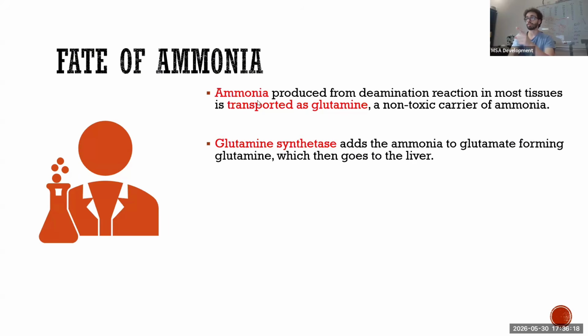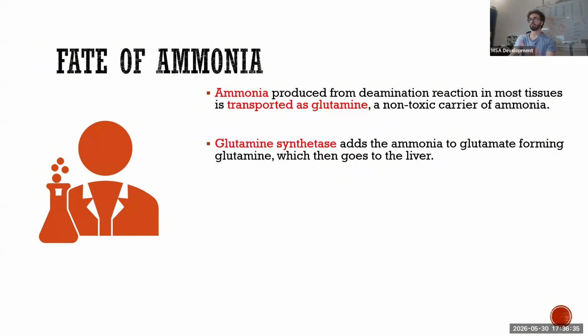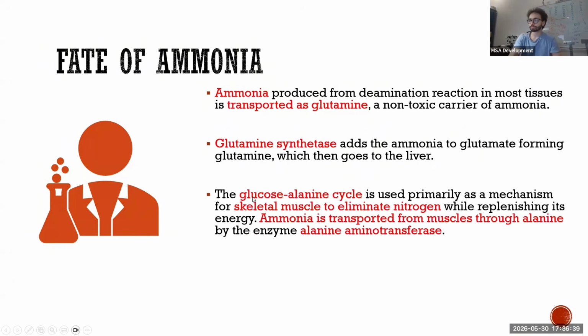Remember this. It comes as an example. What is the non-toxic carrier of ammonia? Glutamine. Glutamine synthetase basically will add the ammonia to the glutamate and make glutamine. Did you understand where glutamine came from? We have the glutamate broken down to give ammonia. This ammonia will combine with the glutamate and that's how we get glutamine. By what? Remember, the enzyme glutamine synthetase.